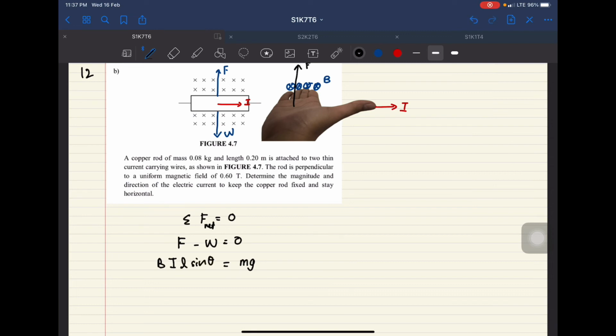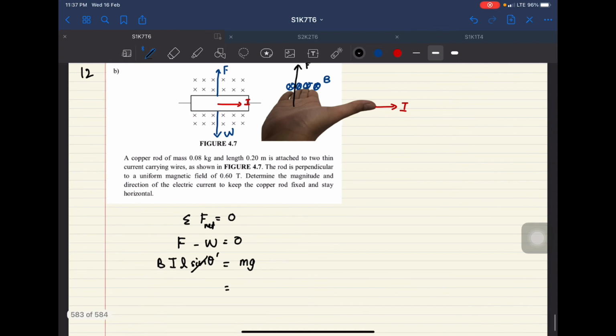And since the angle between the current and the magnetic field is 90 degrees, current to the right, magnetic field into the page, so this is your current, right? So this is the magnetic field, the angle is 90 degrees there. So sine theta equals sine 90, which is equal to 1.